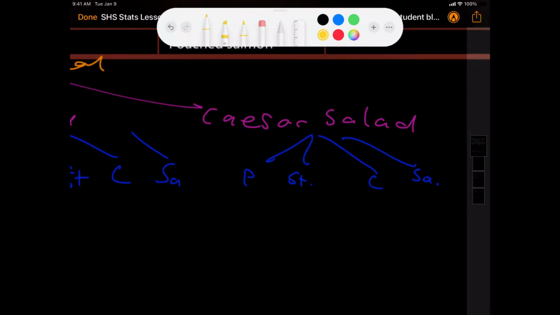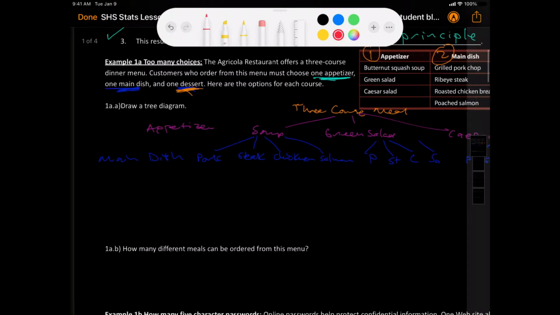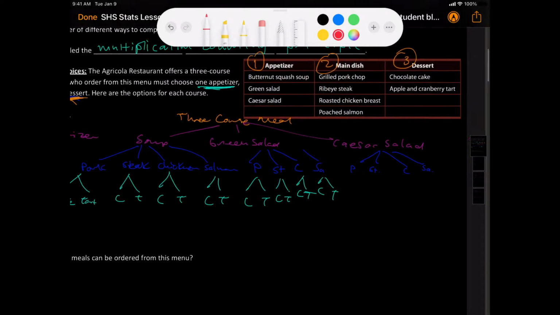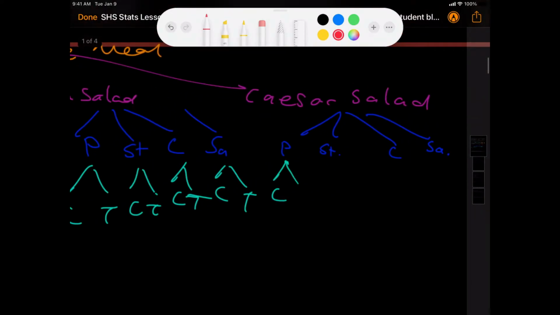Okay, then you got to choose dessert. You can have a cake or a tart. I hope I choose a tart, like a fruit tart. Cake or tart for each of these.